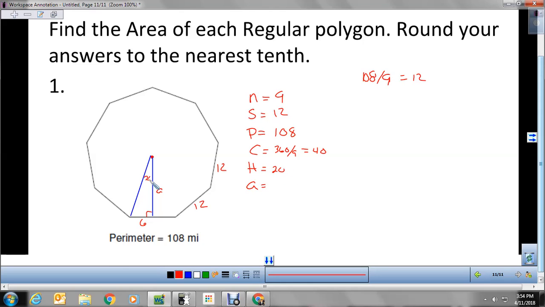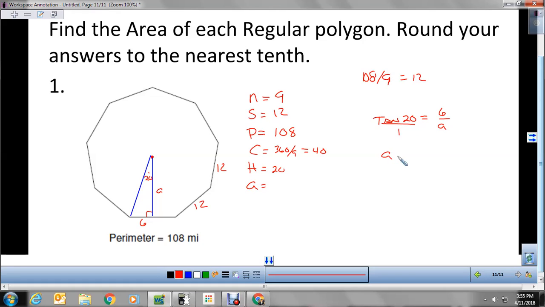So this is a 20-degree angle right here. We have the opposite side from our 20, we have the adjacent side, we do not have the hypotenuse, which means we're going to use tangent. So the tangent of 20 degrees is equal to 6 over A.